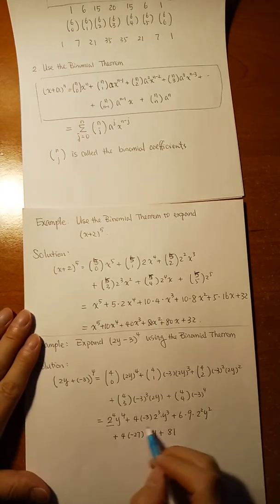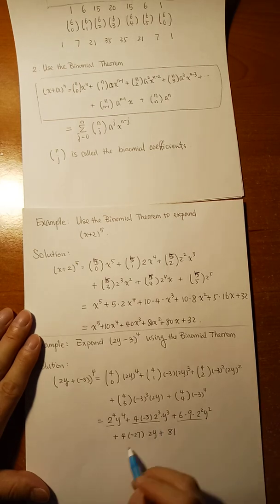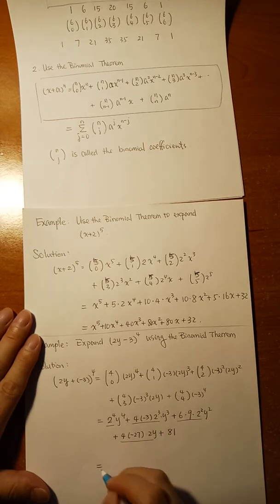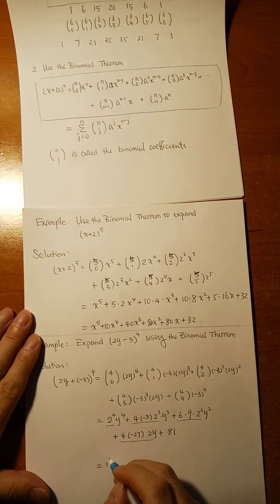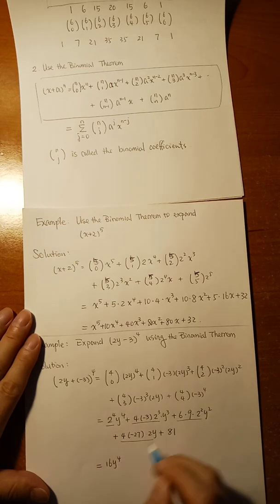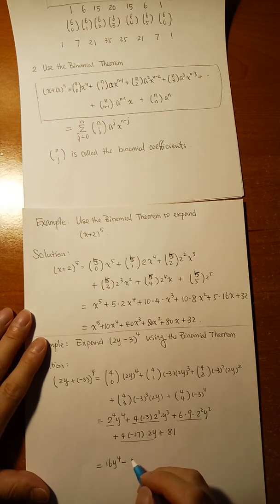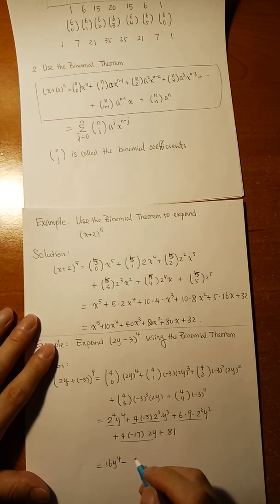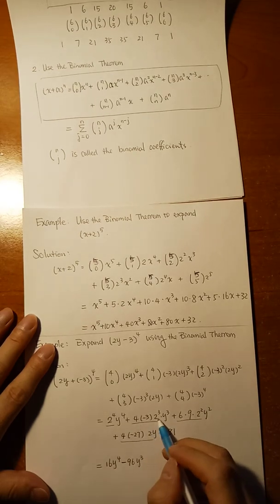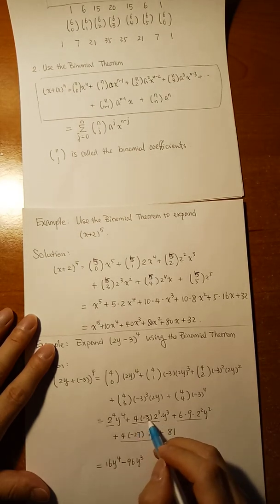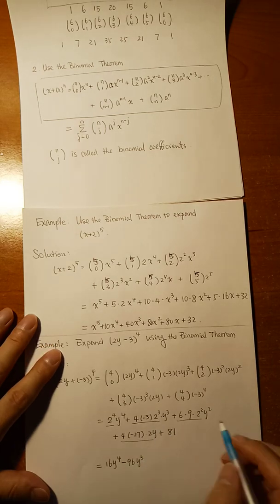Then you are going to compute those numbers. 2 to the 4 is 16 y to the 4. And here is a minus, it's a minus 96 y cubed. It's 12 times 8: 4 times 3 is 12, 12 times 8 is 96.